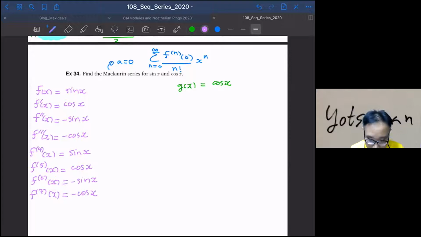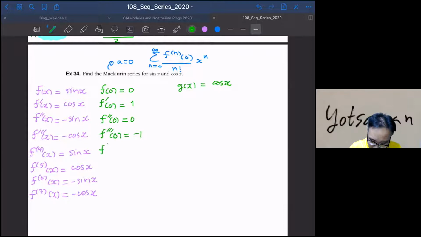So in this case, this is what you get, and you plug in x equal to 0 to see what's going on. f(0) turns out to be equal to 0. The first derivative at 0 is 1. The second derivative at 0 is 0. The third derivative at 0 is negative 1. The fourth is 0.